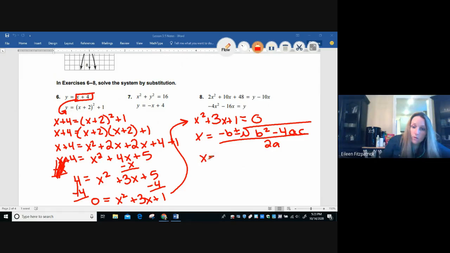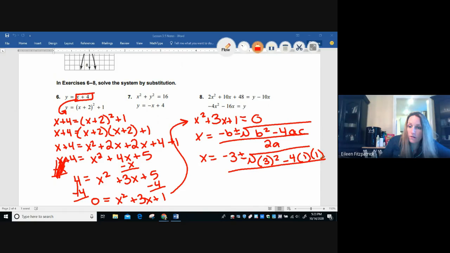So I have x equals, the b value is a 3, so -3 plus or minus the square root of 3 squared minus 4 times the a value is 1 and the c value is 1 all over 2 times a, which is 1.